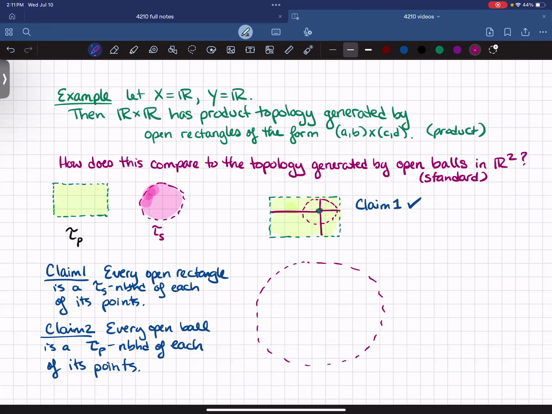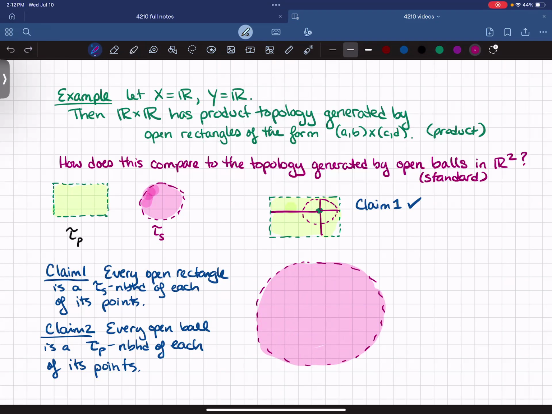Here's an open ball. Okay. And I'm going to take a random point in the middle of it. So something like here. And I want to draw a rectangle around that point.